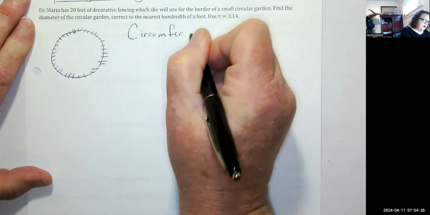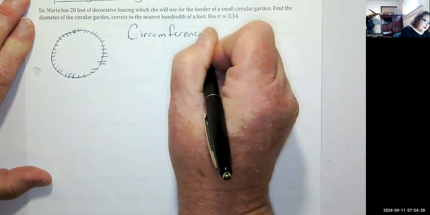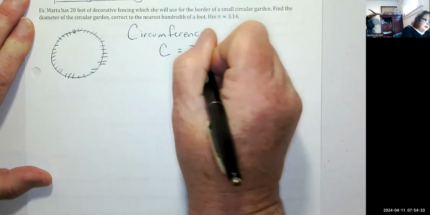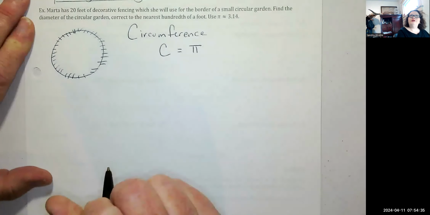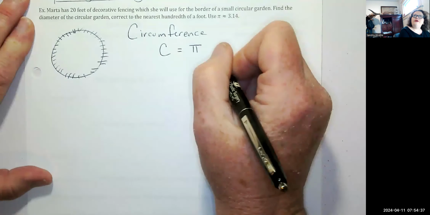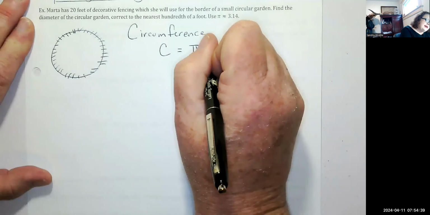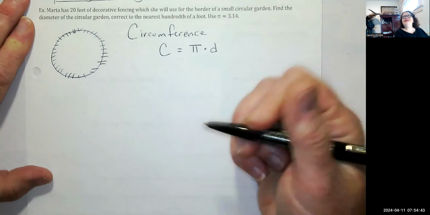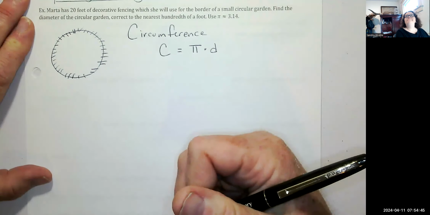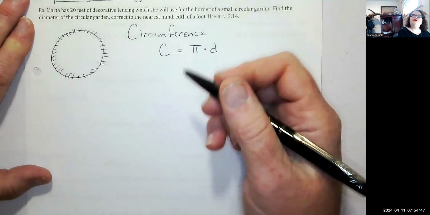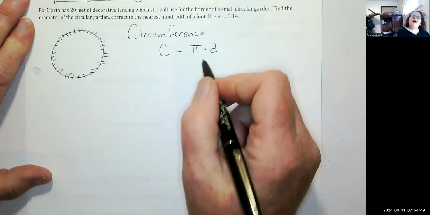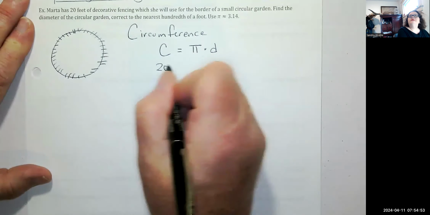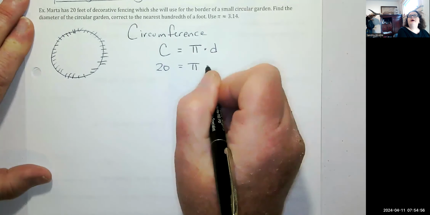Circumference, if I say it out, C is equal to pi times, I've given you two equations for this. I gave you 2 pi r if you're given the radius, and I gave you pi times the diameter if you're given the diameter. Well, we weren't given the diameter, but we can use this formula to find the diameter. So we have the circumference, it's 20 feet. There's pi times d.